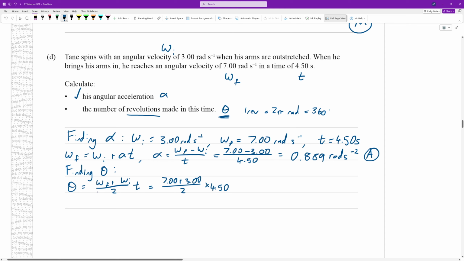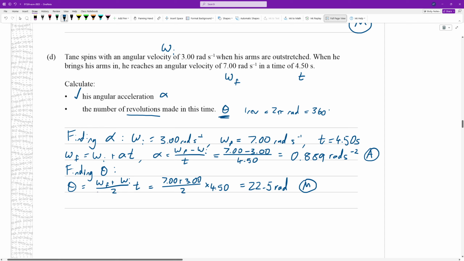So what's that? 10 over 2 is 5. 5 times 4.5. 20. What's that? 22.5. And units are radians for angular displacement. And if you got this far, that is a merit.